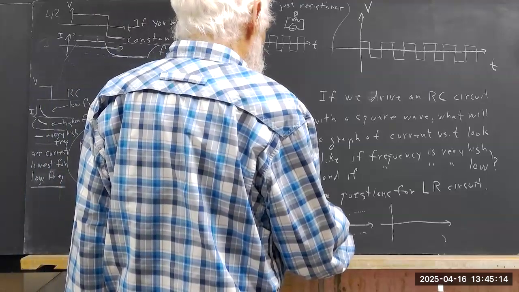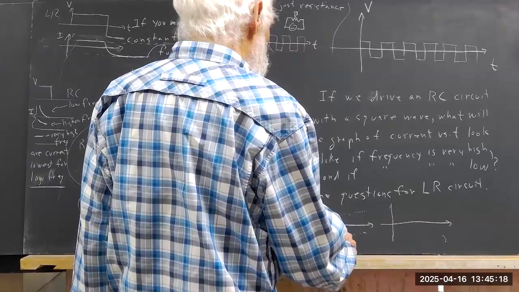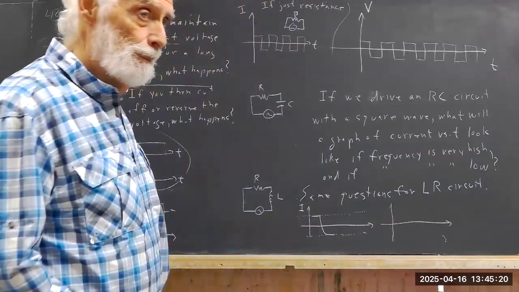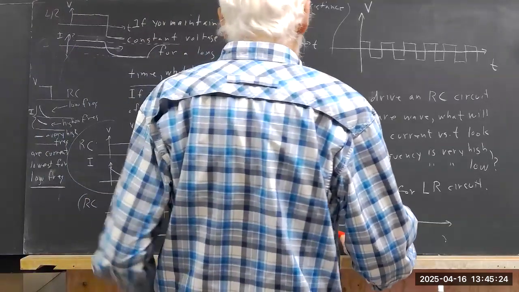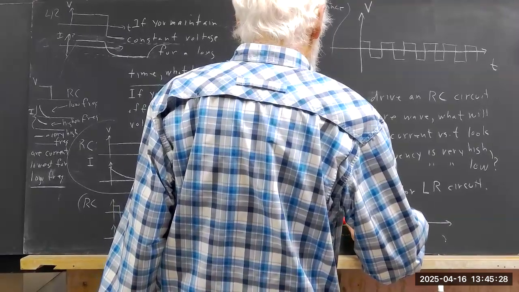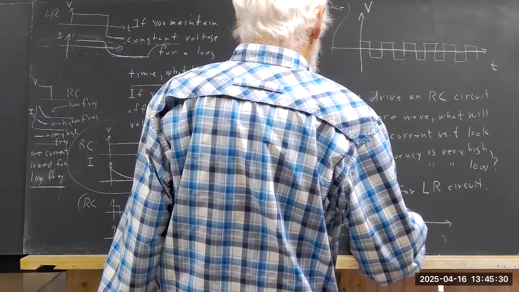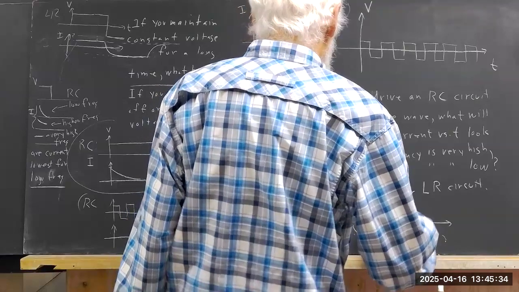Then it pretty quickly comes down here and goes on for a little while. Then it pretty quickly, same thing I drew up here, comes back up here, goes on for a little while, comes down here and goes on for a little while.